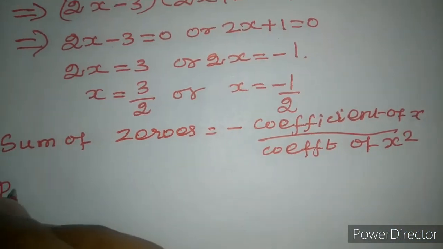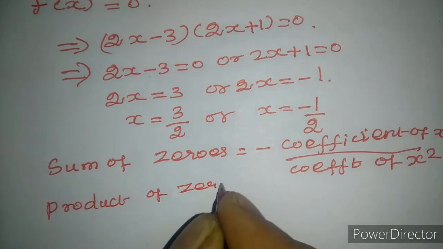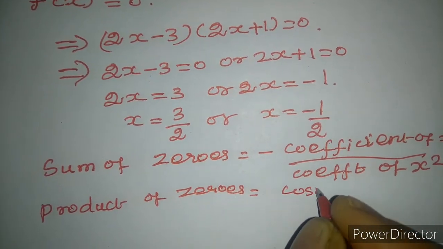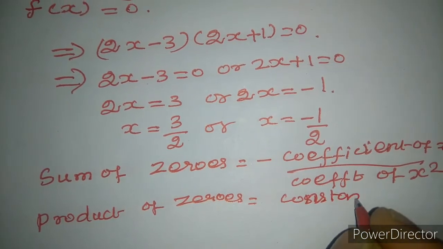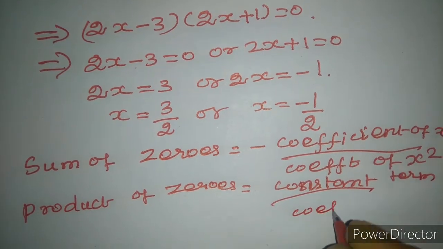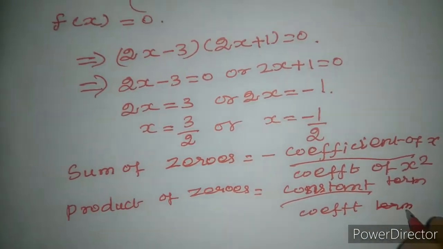Then product of zeros equal to constant term divided by coefficient of x square. These are the relations between zeros and coefficients.